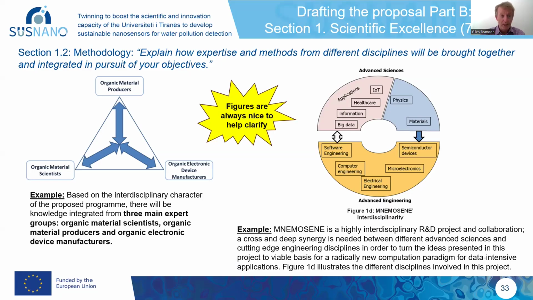We had a project called MEGA, also dealing with organic light emitting diodes or the materials for those. In that case, we could broadly just categorize three different disciplines and experts: organic material producers, organic material scientists, and organic electronic device manufacturers.